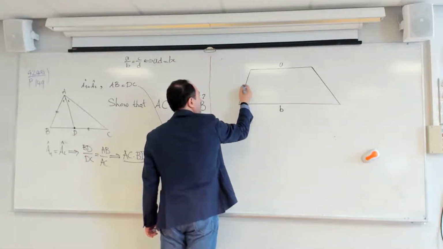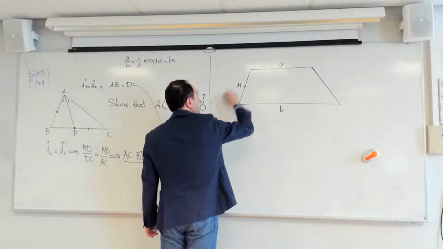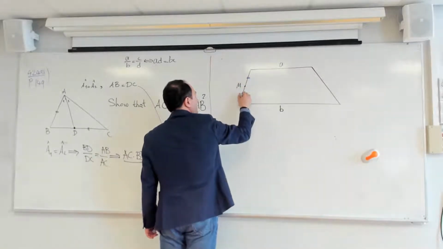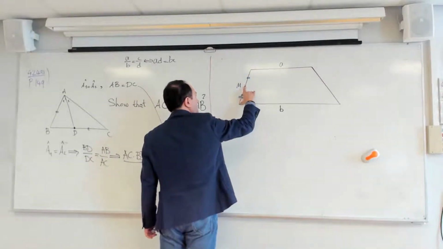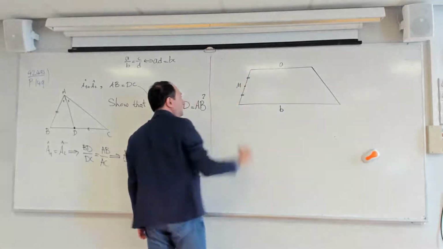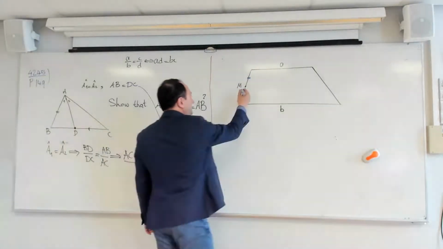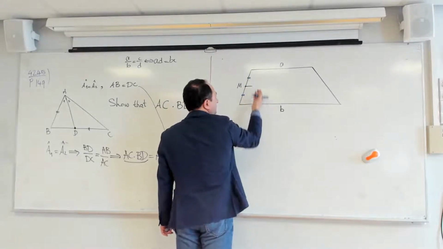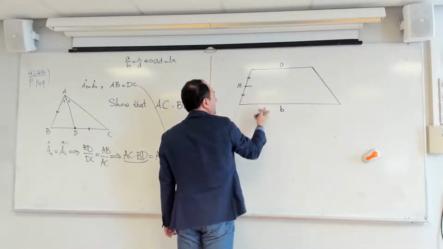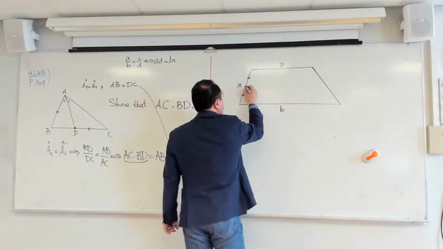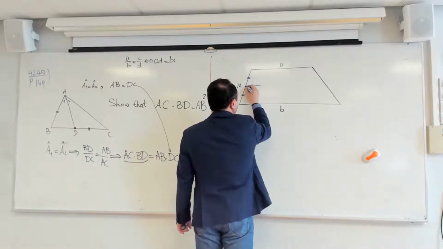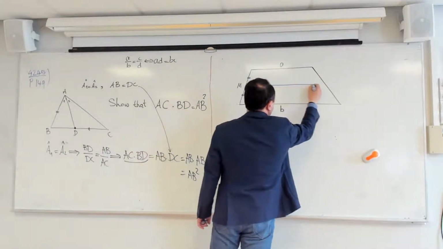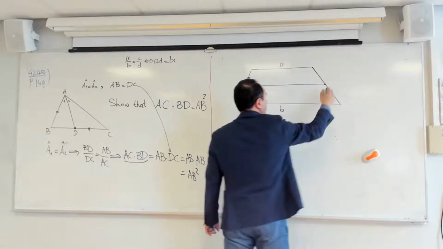For example, assume that this midpoint is M. So I find M in a way that these two line segments are equal in length. And from that point, I draw a line parallel to these two. It doesn't matter which one because they are all parallel. So this line will go and intersect the opposite side, say at N.